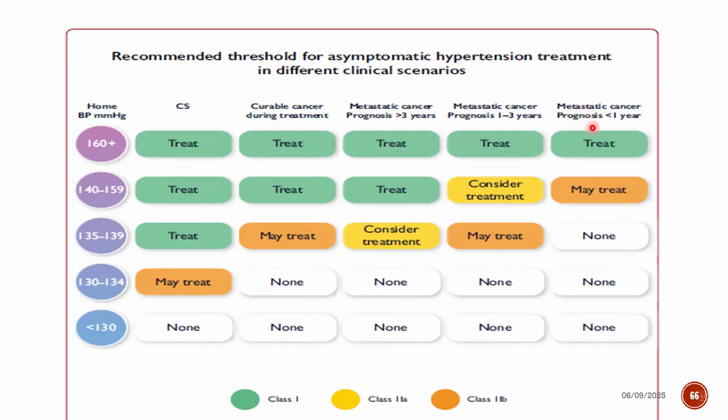Again, for those with metastatic cancer with poor prognosis of less than 1 year, treatment is recommended when it's above 160 systolic, and they may be treated when the systolic BP is above 140.